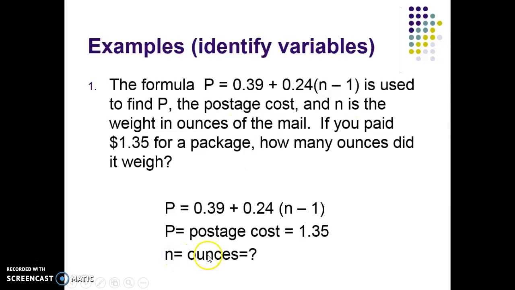So N equals ounces. And now the last sentence says, if you paid $1.35 for a package, well, that's the value of P. So P equals postage equals $1.35. And then N we don't know. We're going to leave that as N in the equation because it says how many ounces did it weigh. We don't know that part.